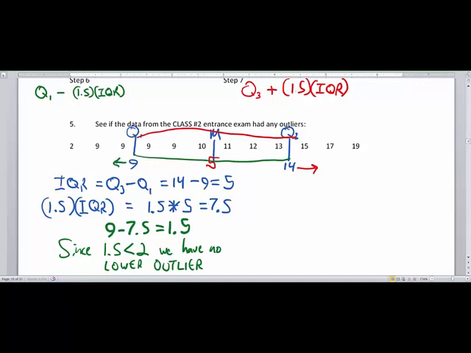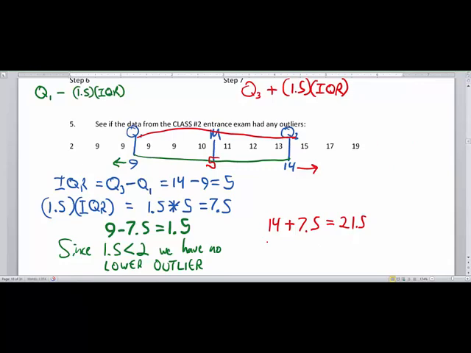Now let's find out what happens here. I'm going to take my 14 and add that 7.5, which means that my 1.5 times IQR is added to Q3, which is then equal to 21.5. Now, do you see any numbers up here greater than 21.5?